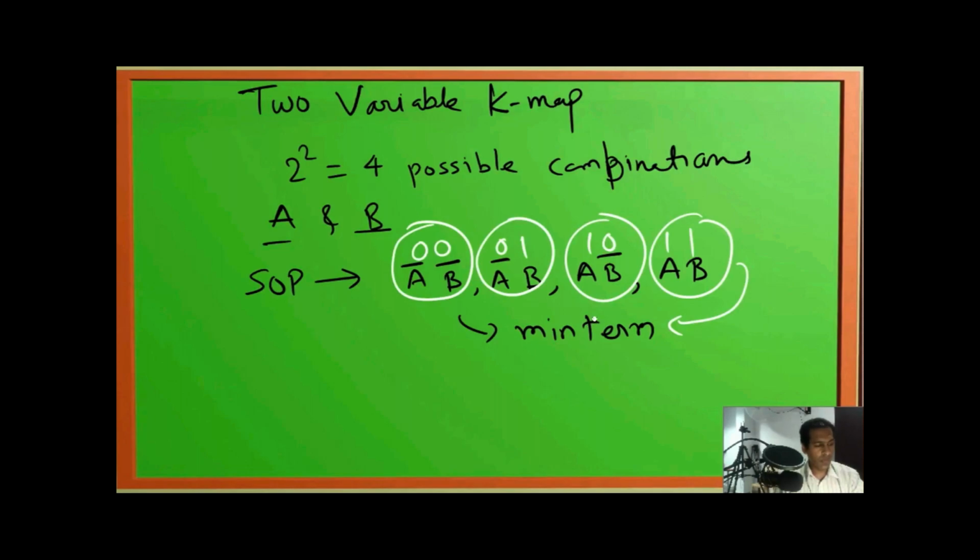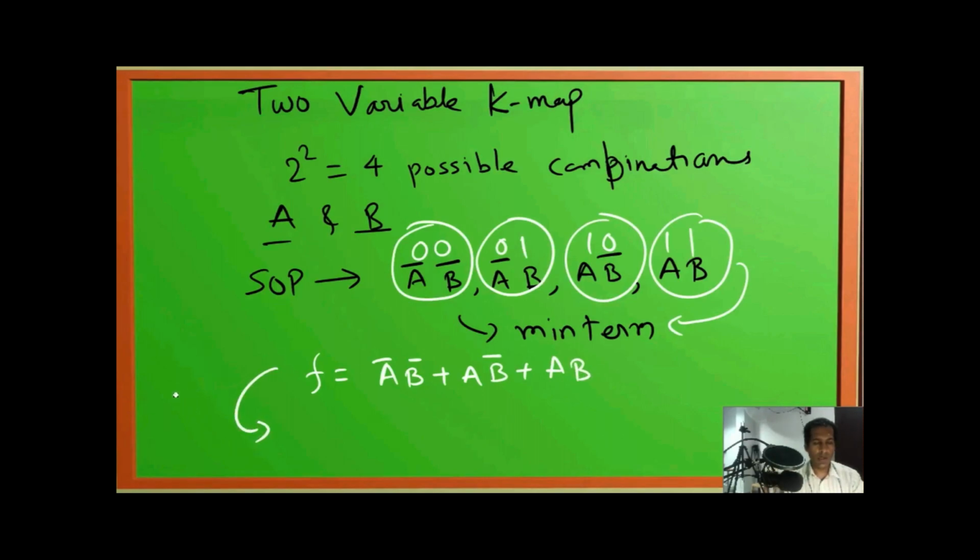Now if we do the opposite, we get the max term. Suppose some expression is given, say function f is equal to A bar B bar plus A B bar plus AB.